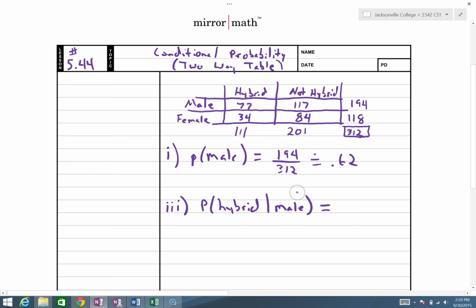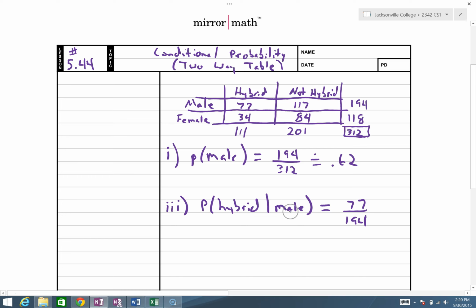Of the males, there are 194. Of those, how many have hybrids? Well, it is 77. And so this is the probability of having a hybrid given you are male. You can think of this as a little bit like a fraction, and so this would be the denominator.